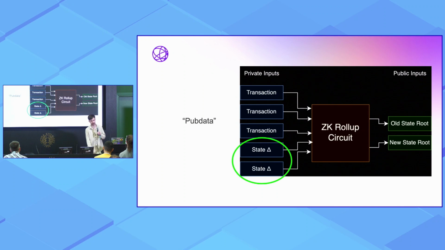This term I borrowed from ZK Sync. I believe they're the first people to have come up with the term pub data. Thank you, ZK Sync, for coining that useful term.